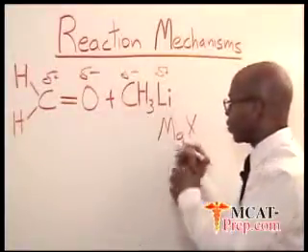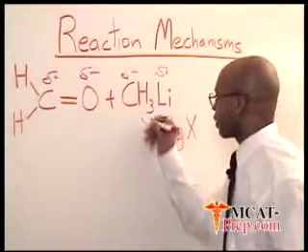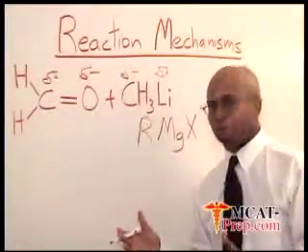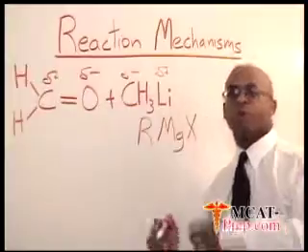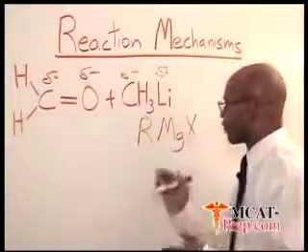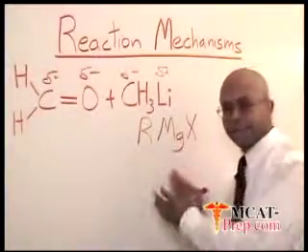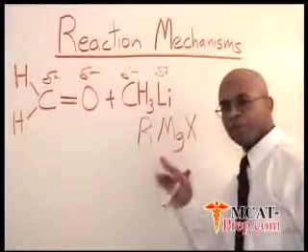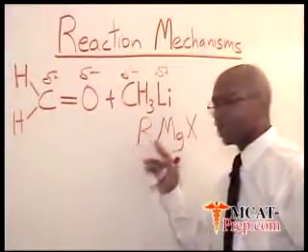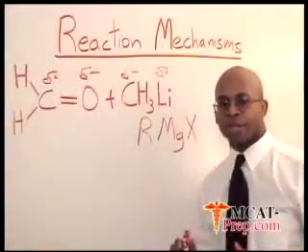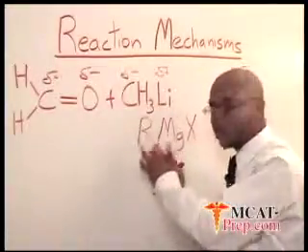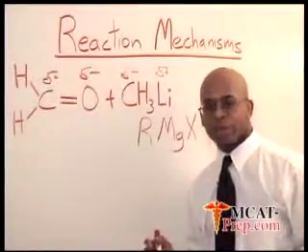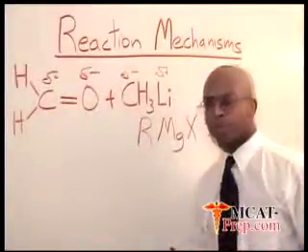So if we were to have an R group here, so any kind of alkyl group, for example, methyl group or ethyl group or propyl or whatever, MgX, this would indeed create delta positive here and a delta negative carbon nucleus. So therefore, this delta negative would be attracted to something which is delta positive. So you can create carbon-carbon bonds.